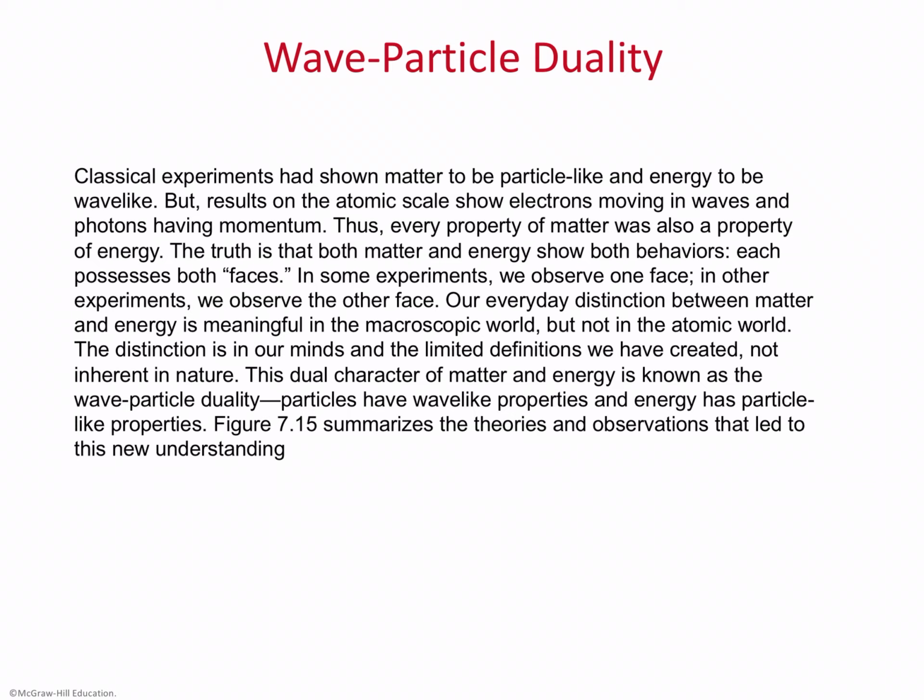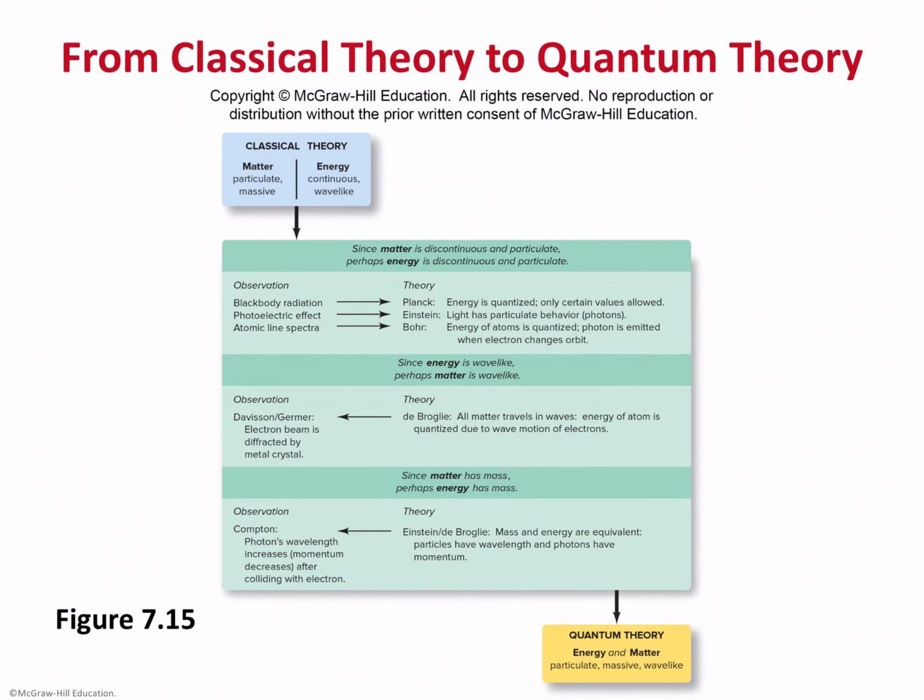This dual character of matter and energy is known as the wave-particle duality, meaning particles have wave-like properties and energy has particle-like properties. So the next figure that we're going to look at is going to summarize the theories and observations that led to this new understanding.